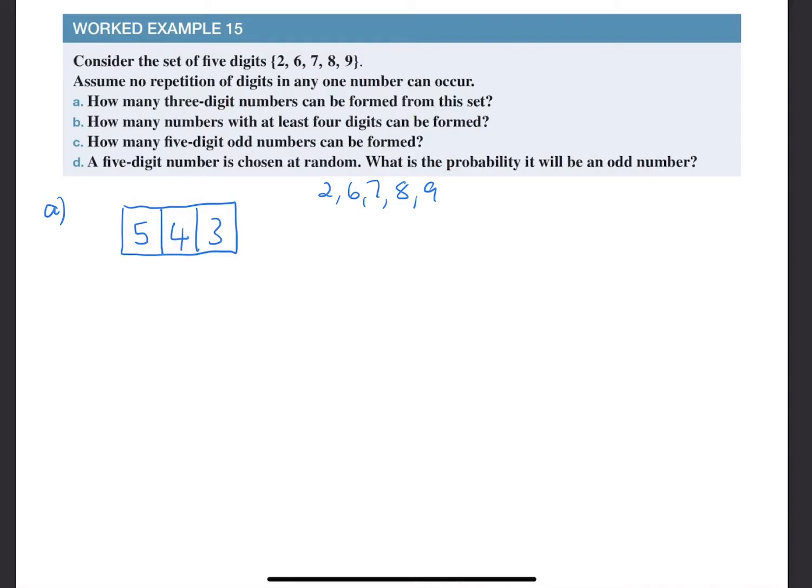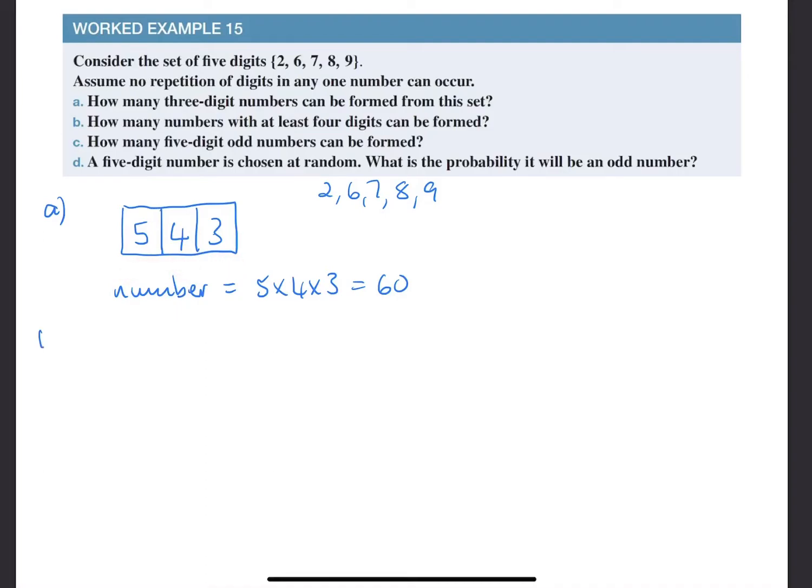Coming back to our multiplication principle, the number equals 5 times 4 times 3, because it's this one and this one and this one, and we multiply. 5 times 4 is 20, times 3 is 60 possible ways that I have a 3-digit number.